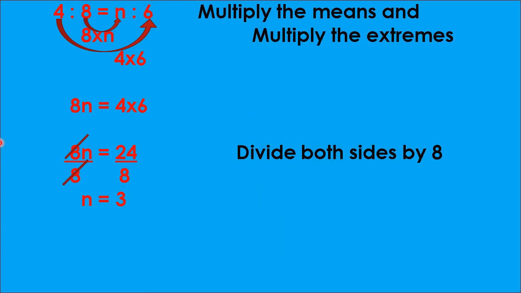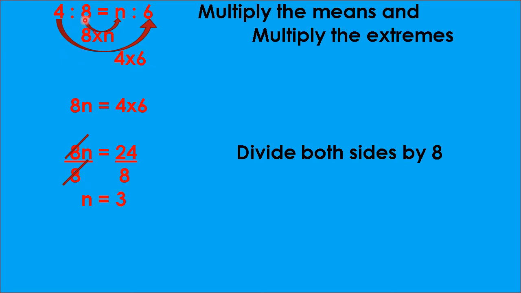So 4 is to 8 is equal to n is to 6. So we are going to multiply the means and multiply the extremes. So the means is 8 times n and the extremes is 4 times 6.